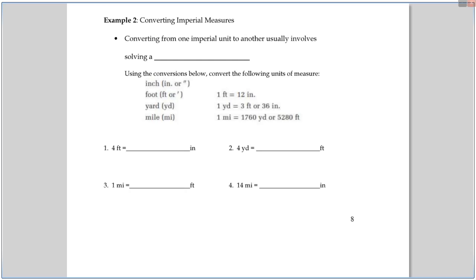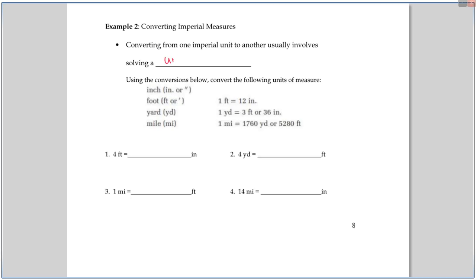The technique that I'm going to use is called unit analysis. Unit analysis is used in Science 10, so then we can all be consistent in the math and in the science. In the Dash 3, if you've taken that course, you might have seen cross multiplication, which also works. Okay, so you can use cross multiplication if you already know how to do that.